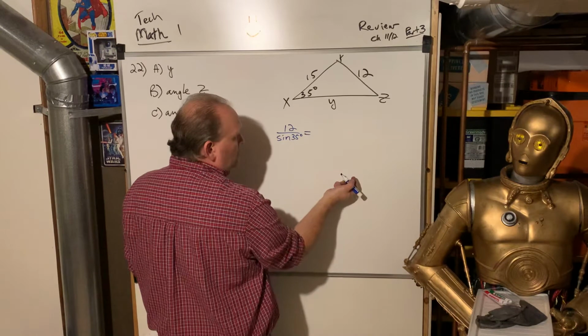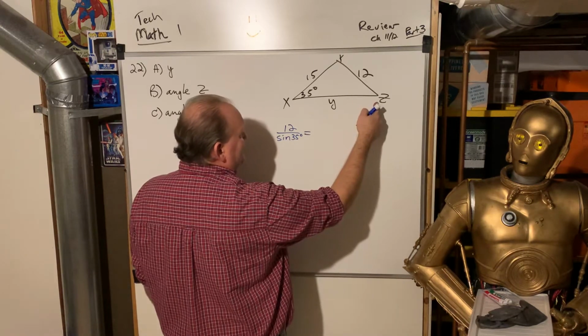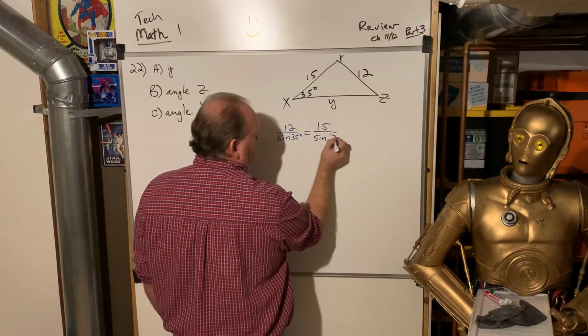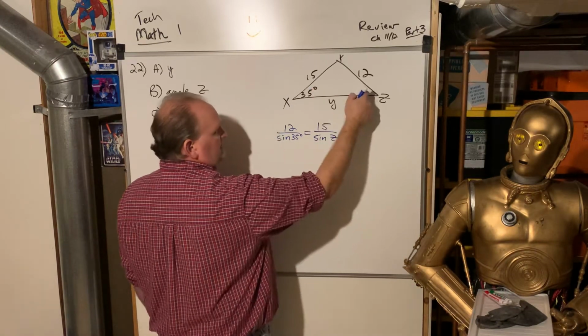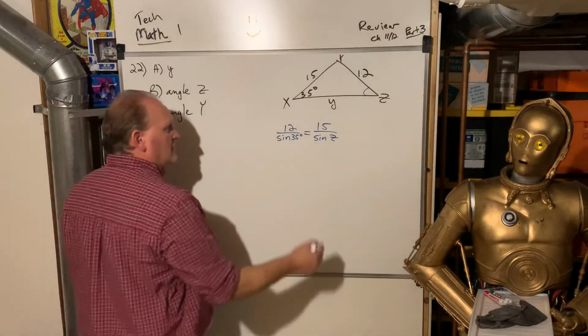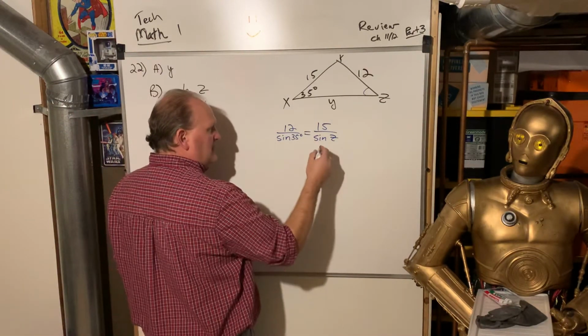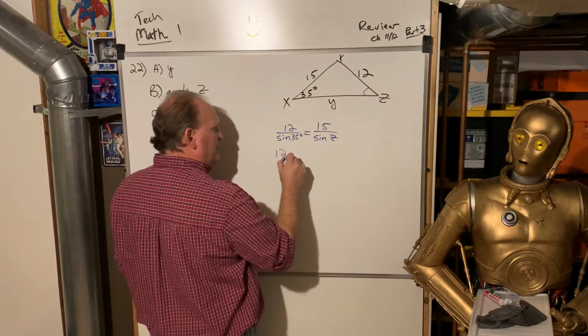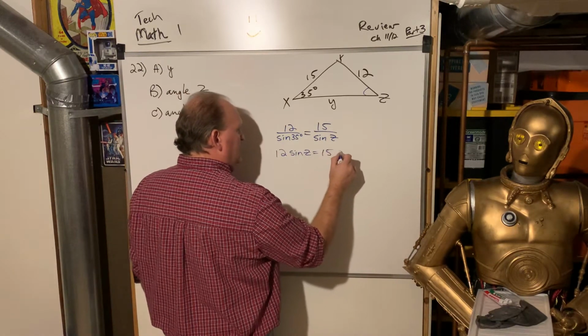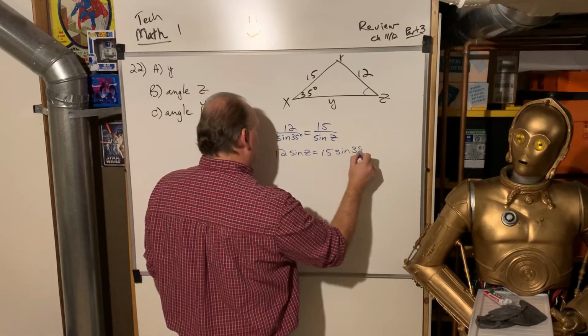And that will equal 15 over the sine of z. Okay? And that will give us that angle. So let's find that angle first. So we cross multiply and solve. So we have 12 times the sine of z is equal to 15 times the sine of 35 degrees.